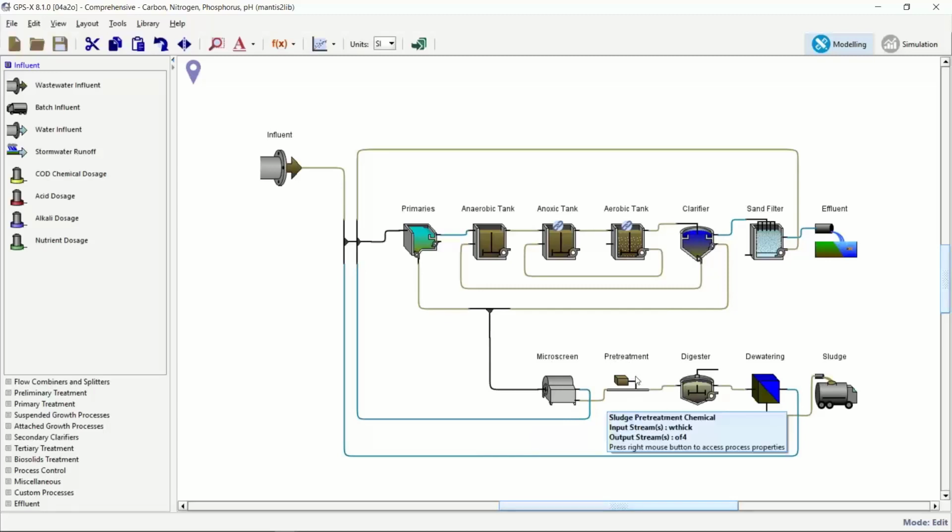This is really just doing a little bit of hydrolysis on it before it goes into the digester to increase the gas production. Then we do dewatering, and then it's hauled away as sludge. We hope that most of the phosphorus that comes in the front of the plant will go out through the sludge. That's what we want, as opposed to going out the effluent.